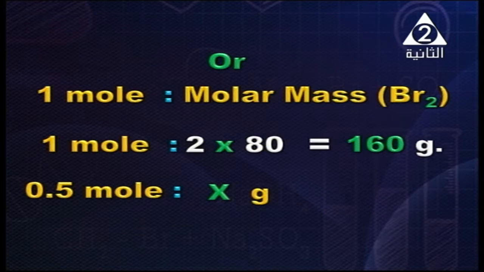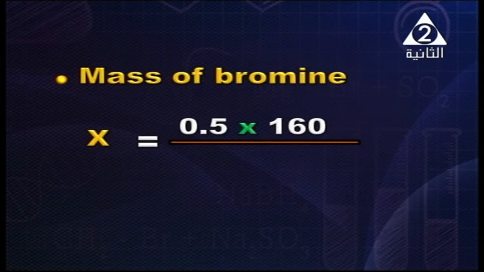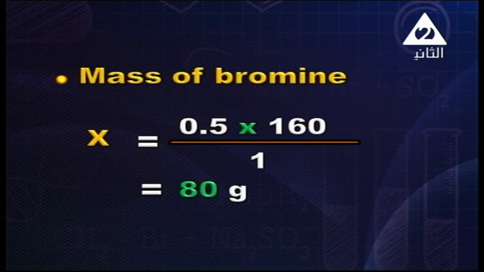You see, I make it as an equation for the two sides. Cross multiplication: X equals 0.5 by 160 over 1 equals 80 grams. The same answer, but another method to answer this type of problem. So any problem can be answered by different methods. Why not? You must concentrate and try to find the one suitable for you.